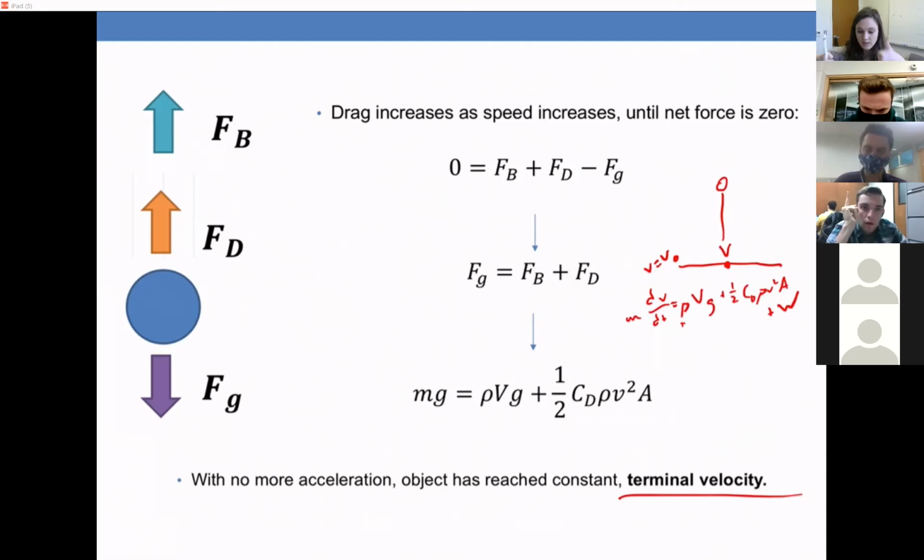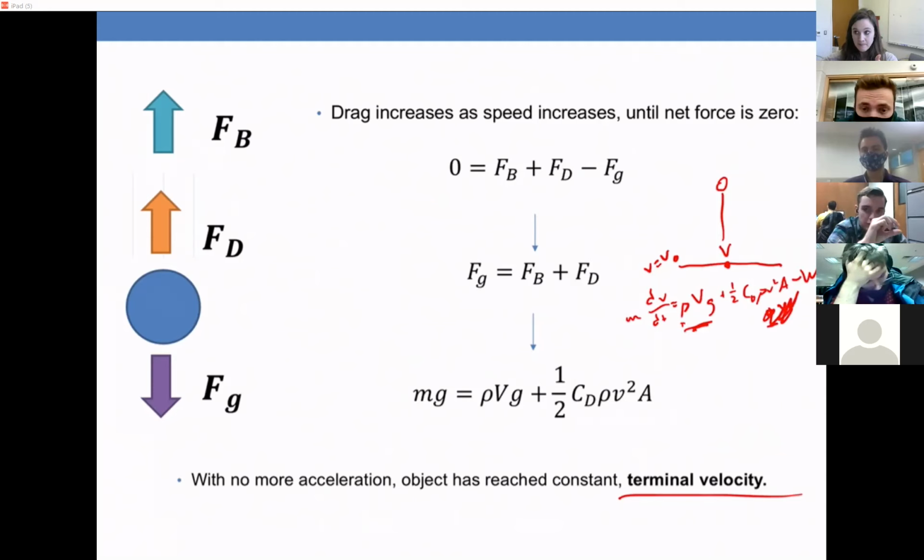Points up. Okay, so you have a little bit of drag force, and you have the buoyant force. The buoyant force is going to be bigger than your weight. I'm going to call that minus W, sorry, for the weight. So your buoyant force is bigger than your weight, so your net force will be positive and it will be pointing up.